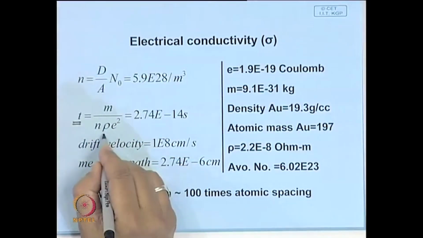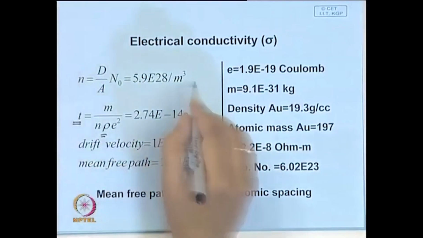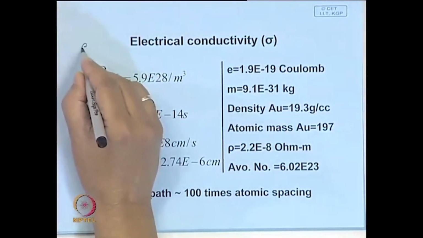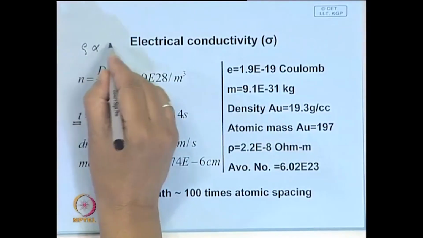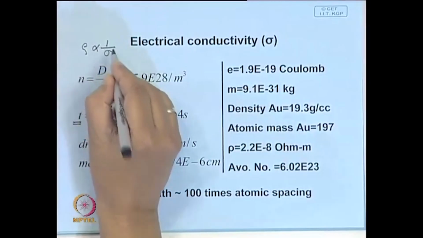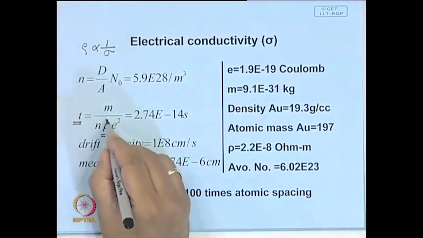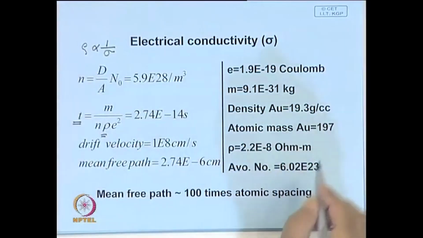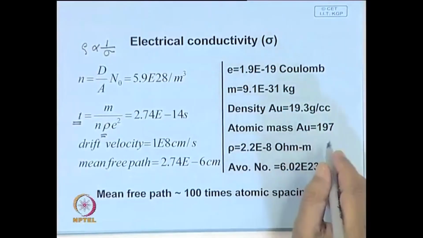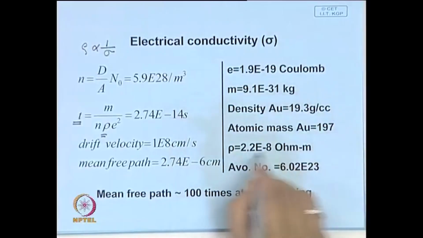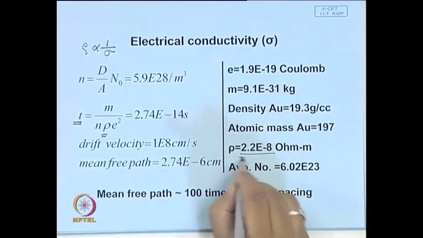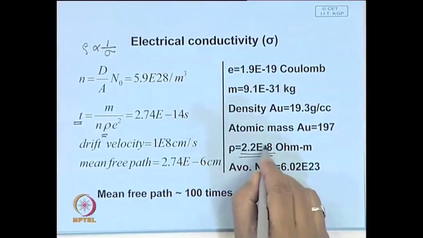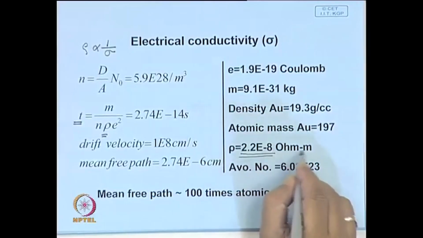Here rho is the resistivity, which is 1 over conductivity. For metals this is known. Take a case of, let us say, gold, for which the resistivity is 2.2 into 10 to the power minus 8 ohm meter.